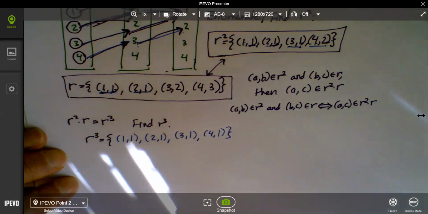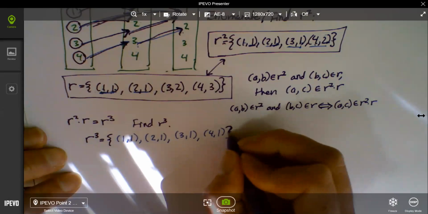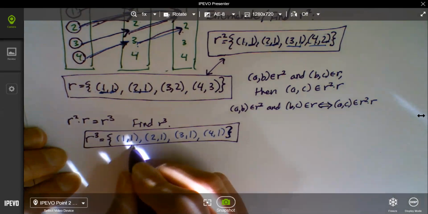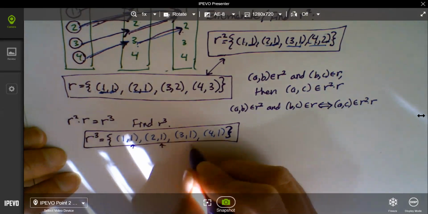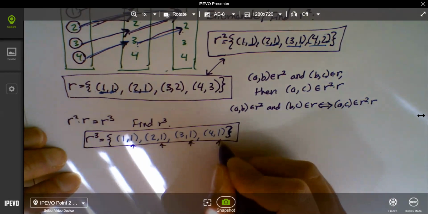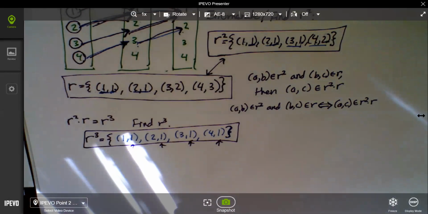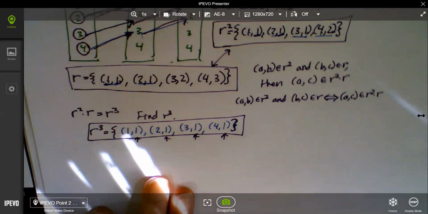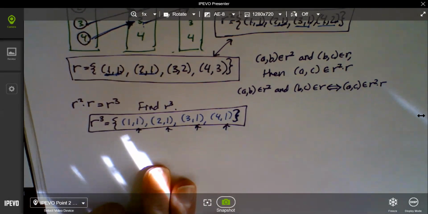So we have found all the elements in R cubed. What's interesting is that the second position in each of these ordered pairs is a 1. They're all the same.